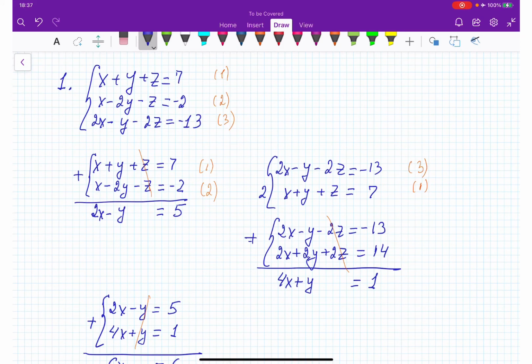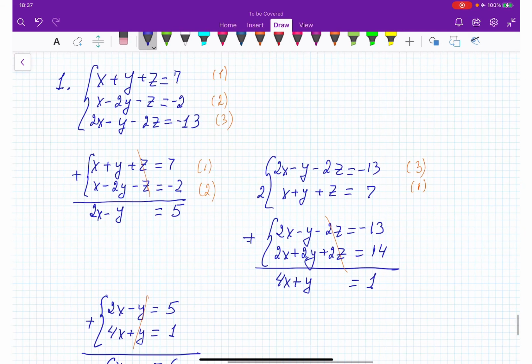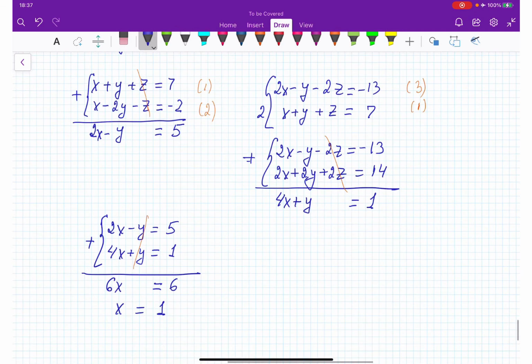So what am I going to do next? I can plug into 4x plus y equal to 1, or into 2x minus y equal to 5. Plug in x, find out y. Let me plug into 4x plus y equal to 1.